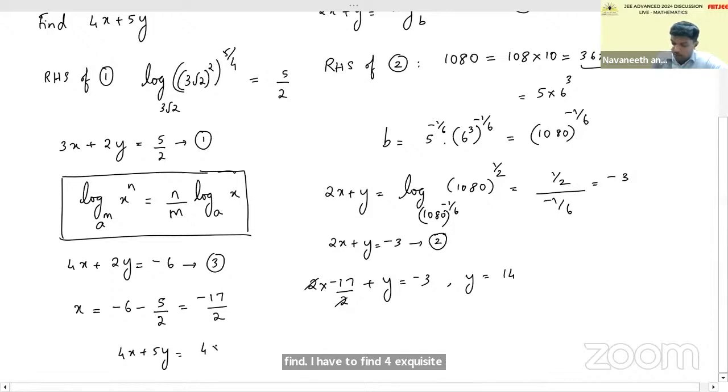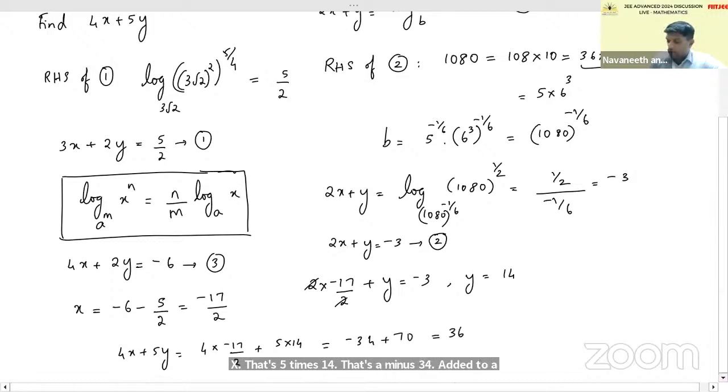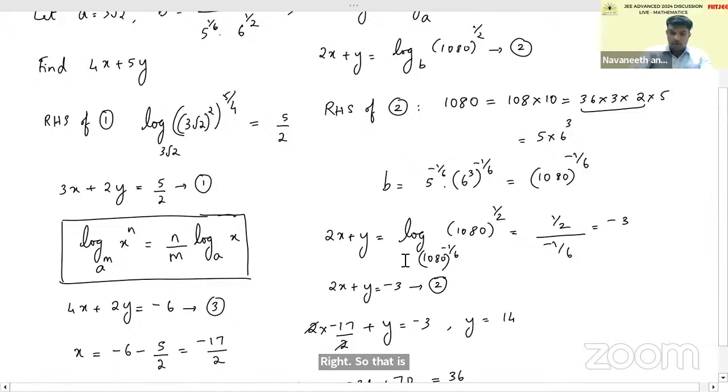So the answer in that case will become 4 times minus 17 by 2 plus 5 times 14. So that's minus 34 added to 70. I think that should be 36. Right. So that is the method for solving this question.